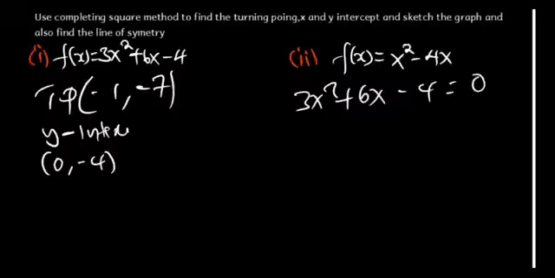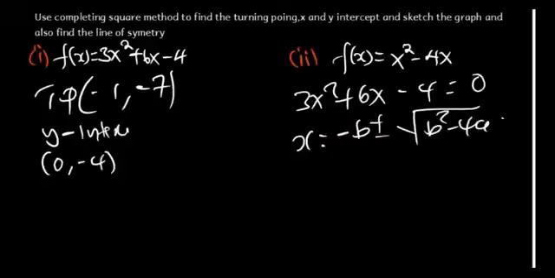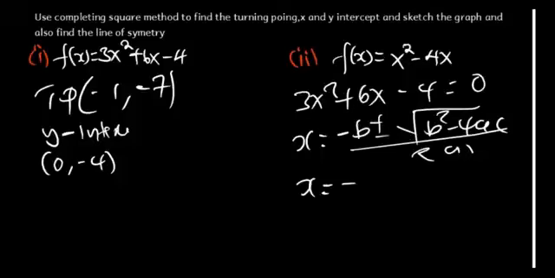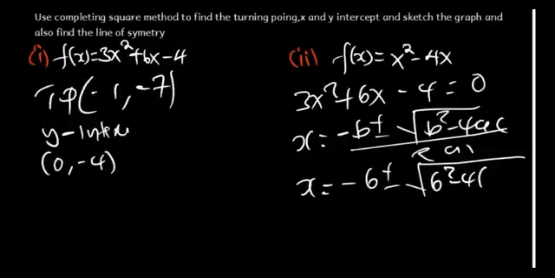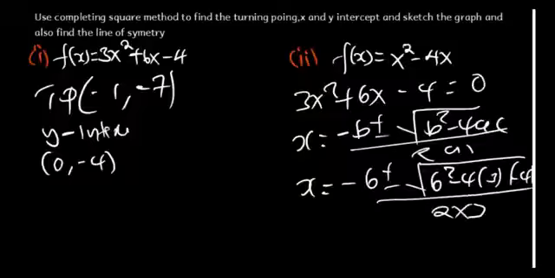So for x, this is not factorizable. What are we going to do? We are going to use the formula: x is equal to negative b plus or minus the square root of b squared minus 4ac, everything divided by 2a. Our b is 6, so we have negative 6 plus or minus the square root of 6 squared minus 4 times a, which is 3, times c, which is negative 4, all divided by 2 times 3.